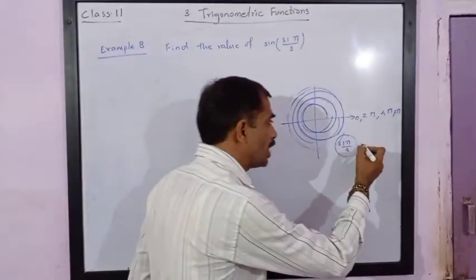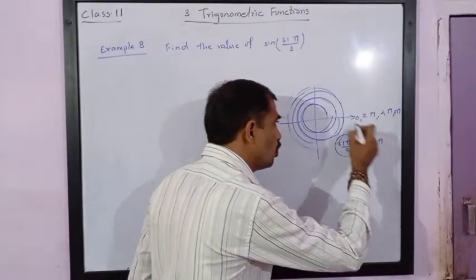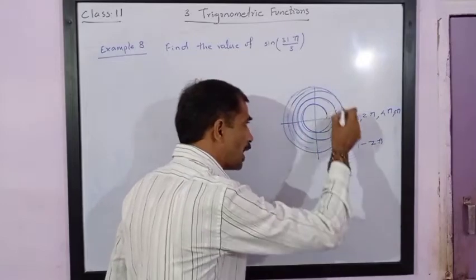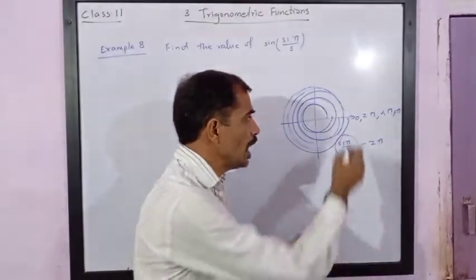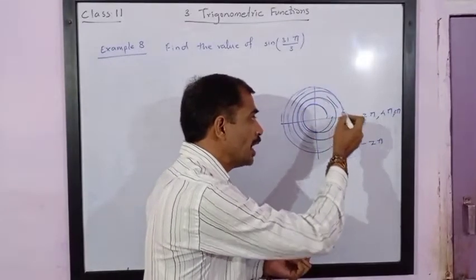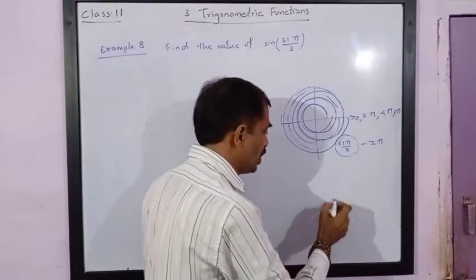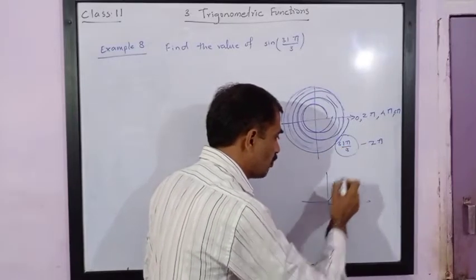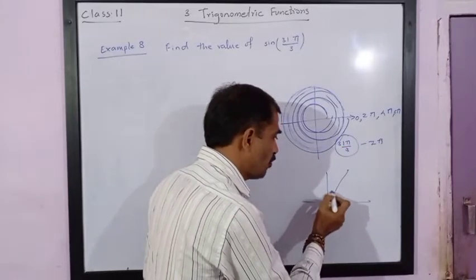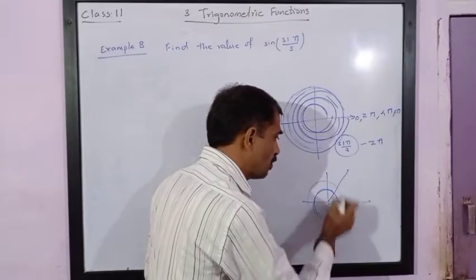So if you subtract 2π from this, we will move one rotation back. Is it clear? If you subtract 2π, we are moving one rotation back, exactly at the same position. For example, if 31π/3 is somewhere here, it has come after certain repetitions.